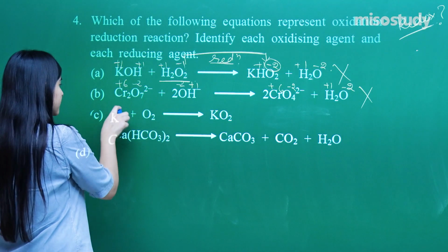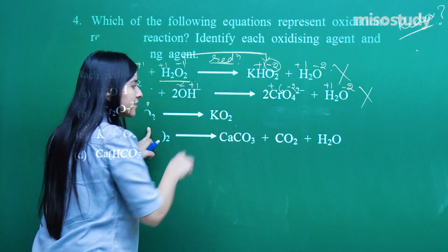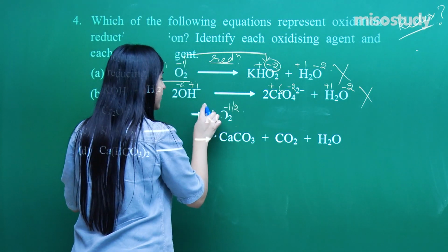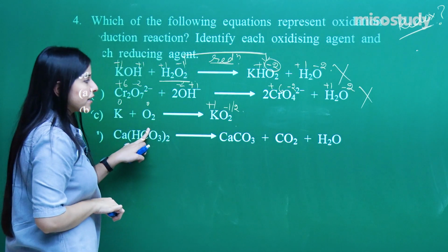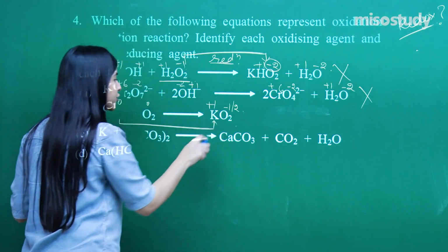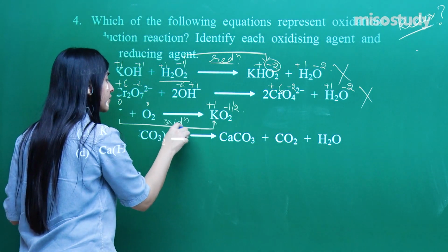Next one, K, 0, oxygen elemental state, 0. Here this is superoxide. That means oxygen will be having minus half and potassium will be having plus 1 state. So what do you observe over here? 0 getting converted to plus 1, that means this is the oxidation process, loss of 1 electron.